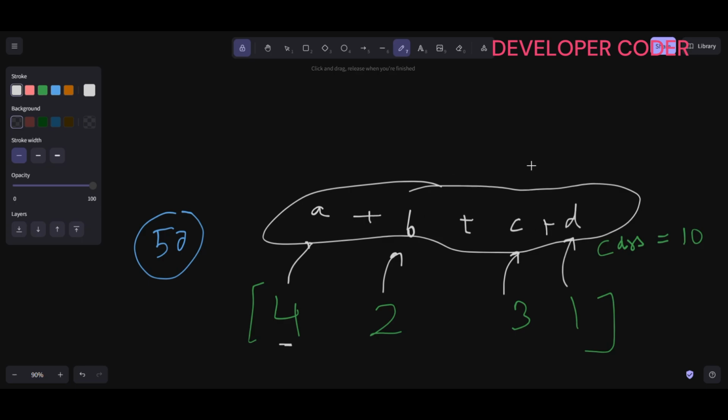If the summation is greater than or equal to the number of cars we have, that simply means that in 50 minutes I am able to repair all the cars here, right? If the number of cars repaired in that time by all these mechanics is greater than or equal to the actual cars value, right?